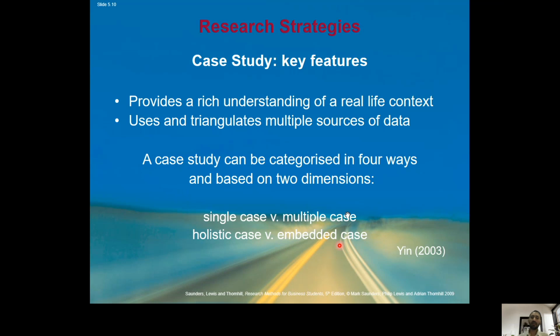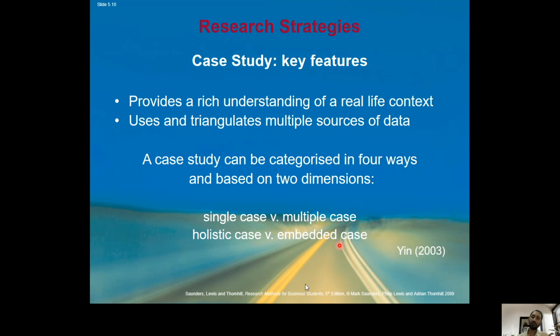Now, case study can be of different types. We can have a single organization case study, right? Or we can study multiple organizations in the case study, right? In case study, we can use both qualitative and quantitative data. So basically, we are studying one organization.